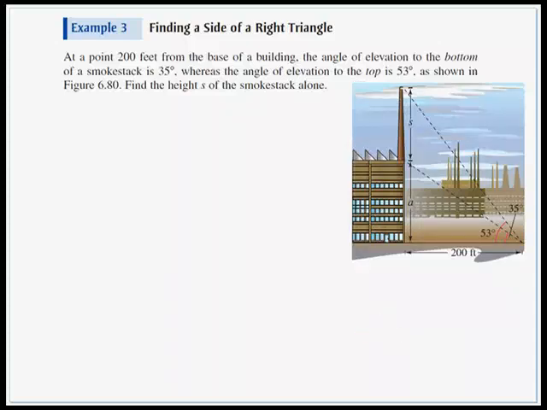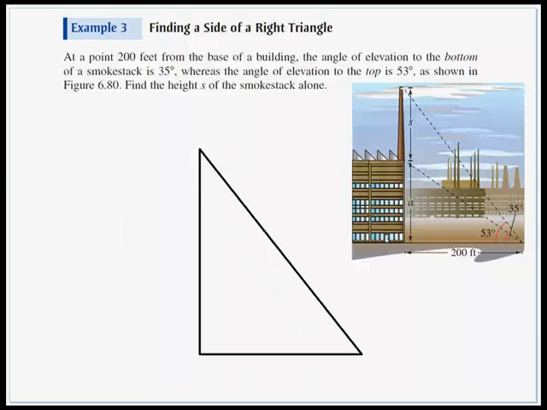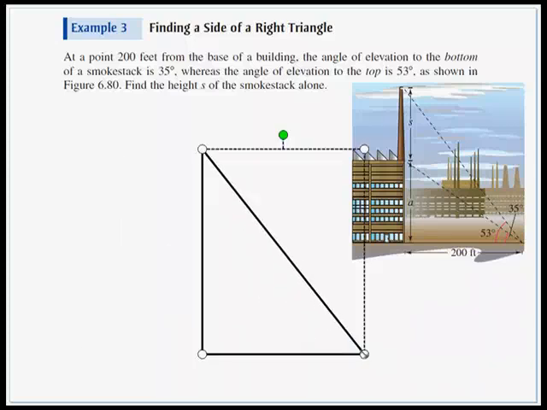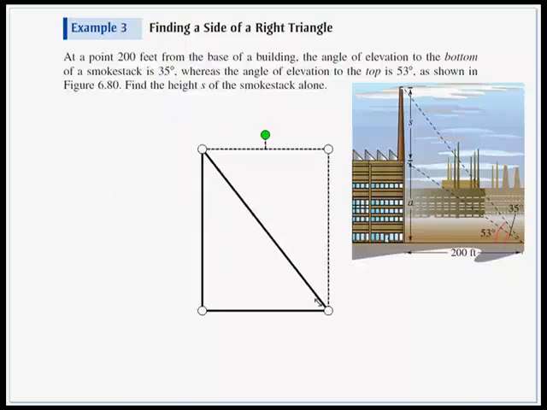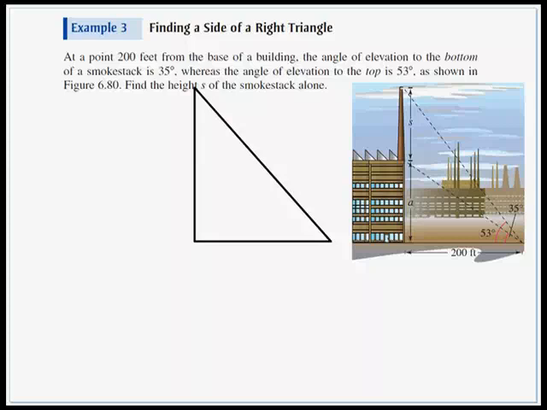So I'm going to come here under the picture, and we'll sort of scale this down and do it in chunks. So this will work here. If we want to find the height of both the building and the smokestack, we're going to use the 53-degree angle. This bottom length of the triangle is 200 feet.